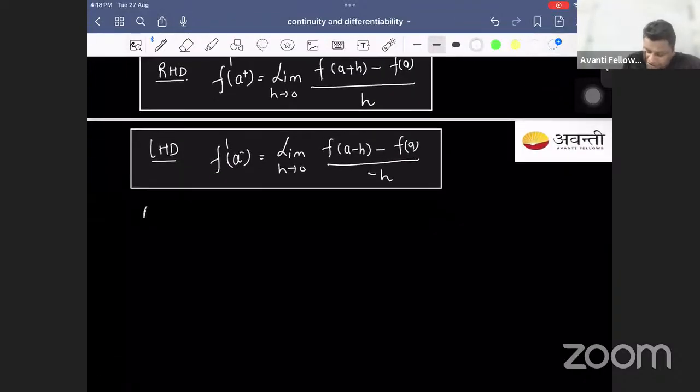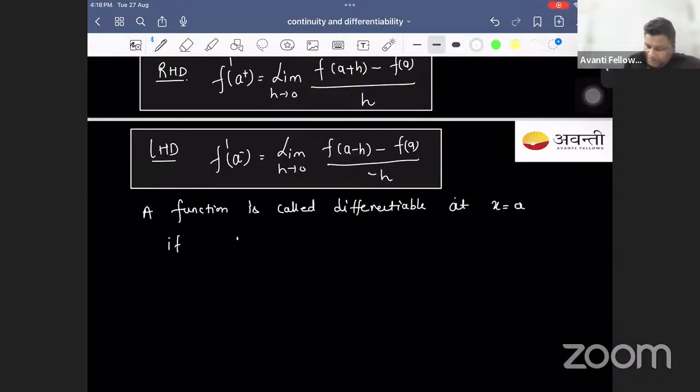So a function is called differentiable at x equals to a if left hand derivative is equal to right hand derivative is equal to some finite known quantity.